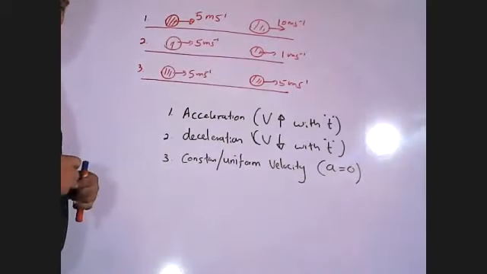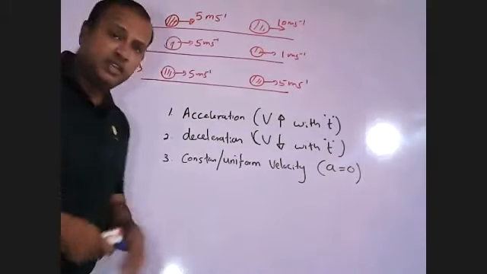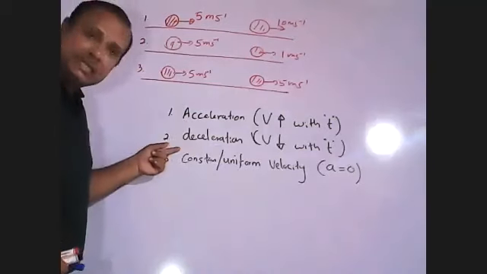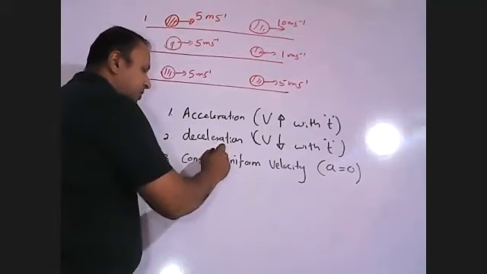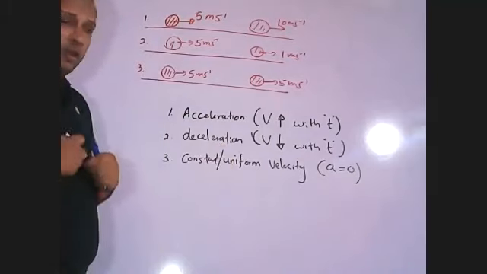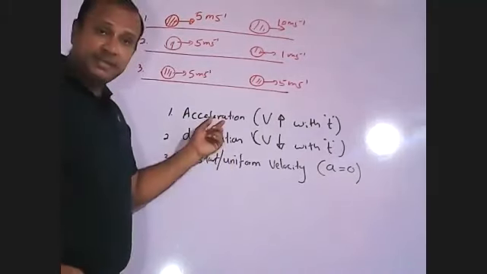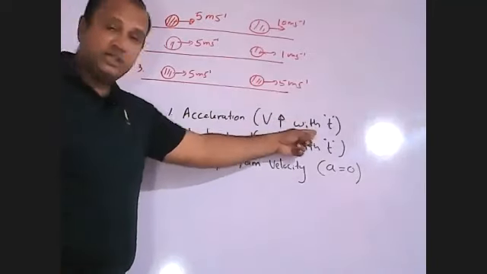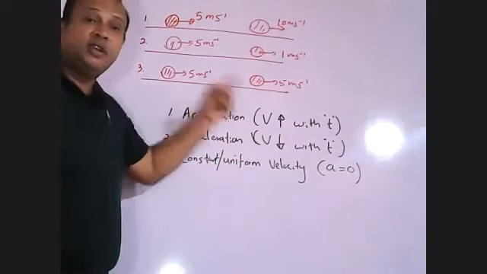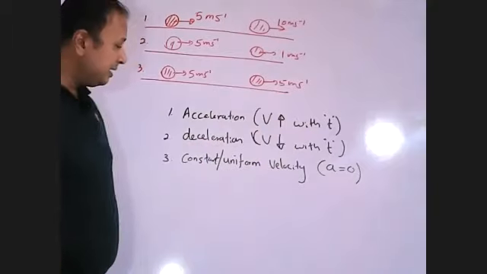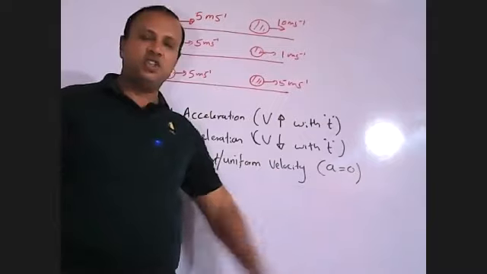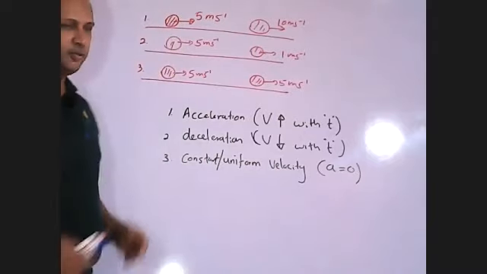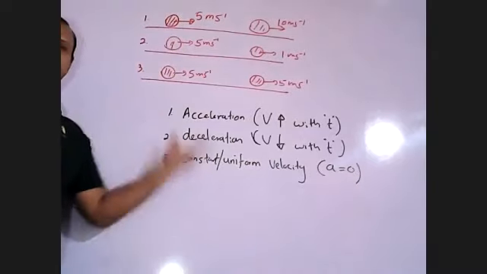Those are three conditions. First one is acceleration, the second one is deceleration, third one is constant or uniform velocity. Acceleration means velocity increases with time. Deceleration means velocity decreases with time. Constant or uniform velocity means acceleration is 0. Write these three.